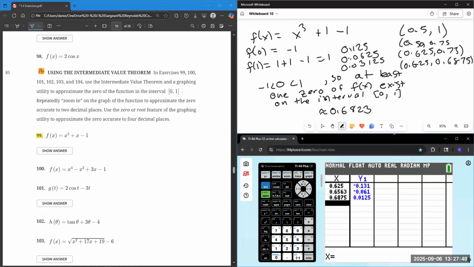So we are 0.6563 to 0.6875, getting real close now, because this is 0.66 and this is 0.68.